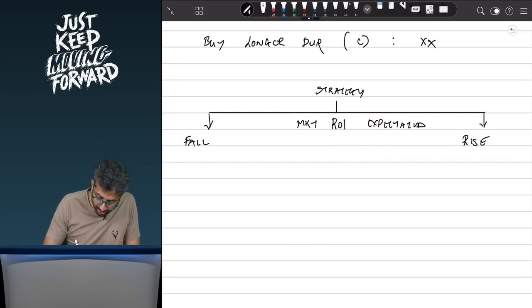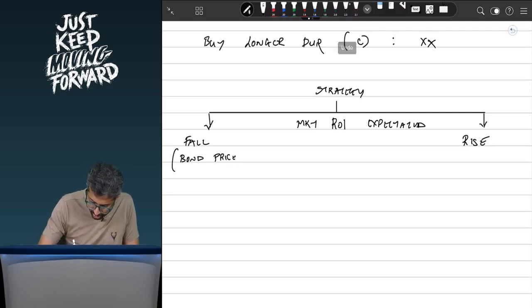If the market rate of interest is expected to fall, bond price will rise. Achha, if bond price rises, which bond should you buy?